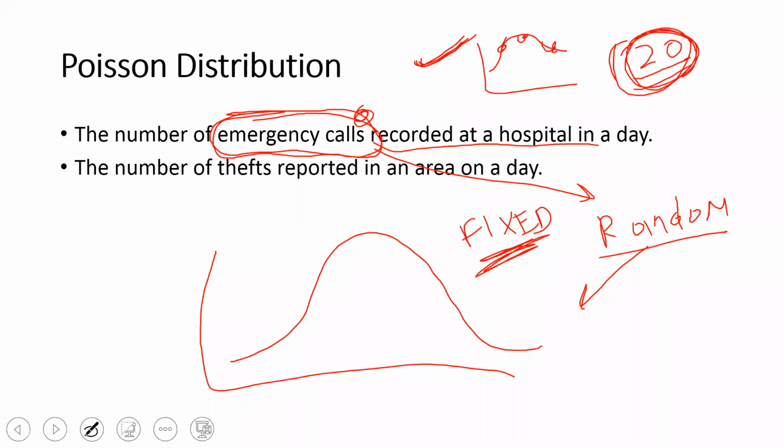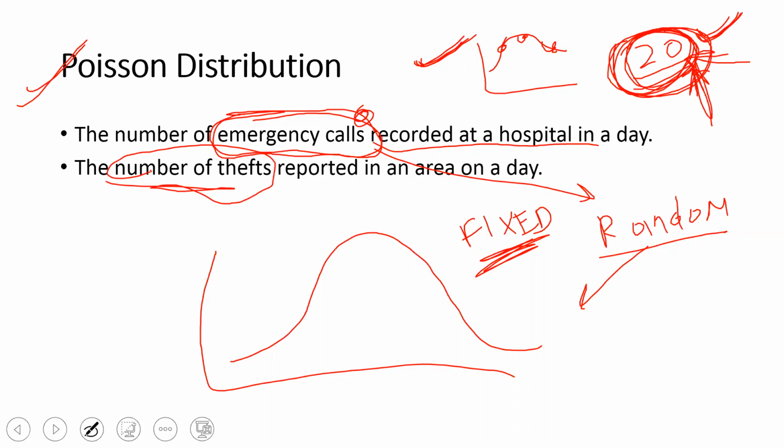In the past, on average, they have got 20 calls every day. That means today also they will be getting around 20 calls. For finding the probability whether the calls will be 20 or not, we will be using this Poisson distribution. Another example is the number of thefts reported in an area.